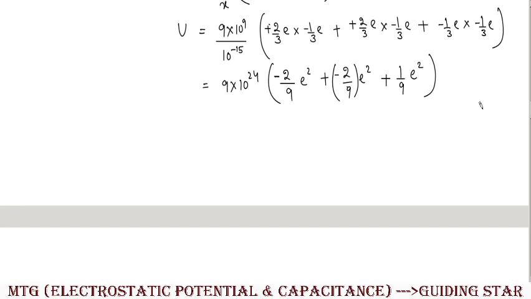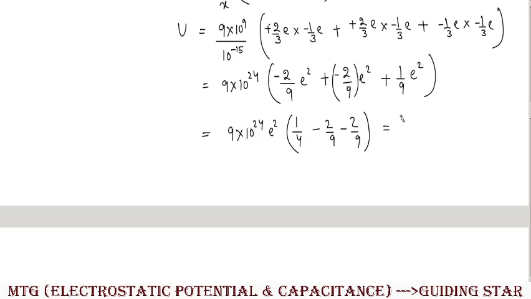Okay, fine. So further calculations, it will be 9 into 10⁻24 times... If I take e² outside, it will be 1/4 minus 2/9 minus 2/9, so 2/9 plus 2/9 will be 4/9.